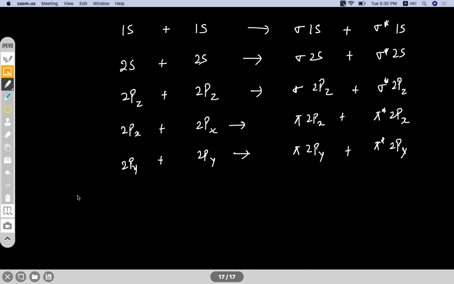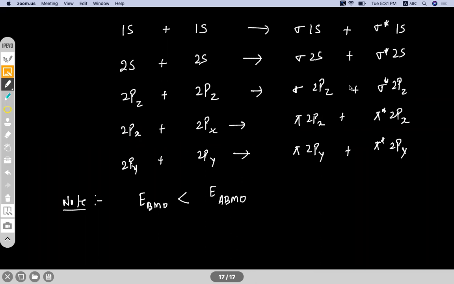Right? Usually what happens, the energy of bonding molecular orbital is lesser than the energy of anti-bonding molecular orbital. Right? So obviously you see, if the orbitals combine and form all these orbitals, in the molecule we have all these orbitals present.